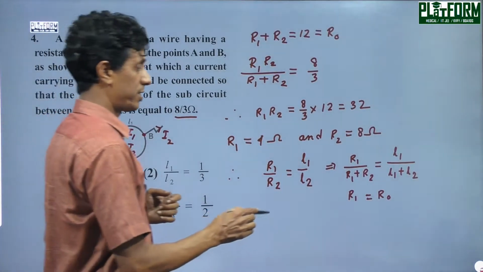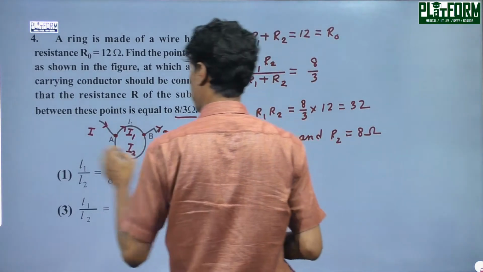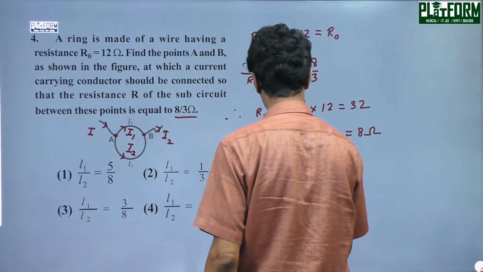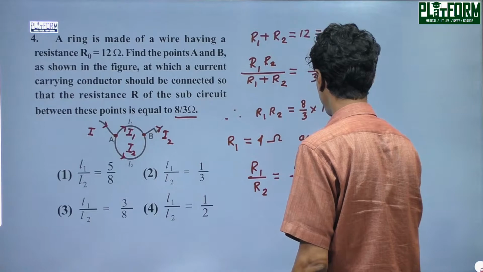So this part is not necessary. We can do this job here. The ratio of resistance is simply L1 by L2.